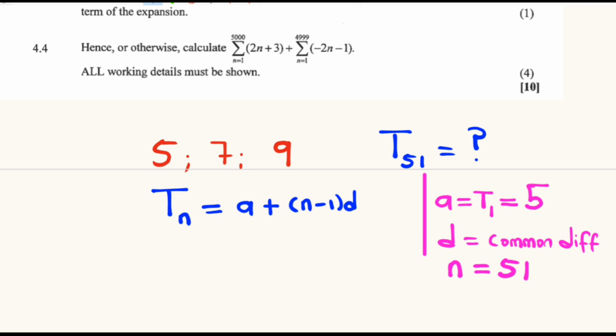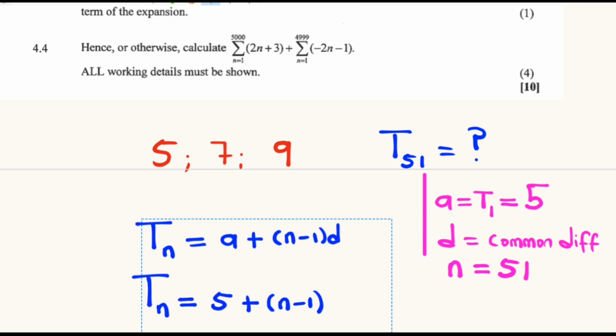So we have Tn is equal to a, but in the place of the a, we are going to substitute the first term, which is equal to 5, plus n minus 1 multiplied by the common difference d.